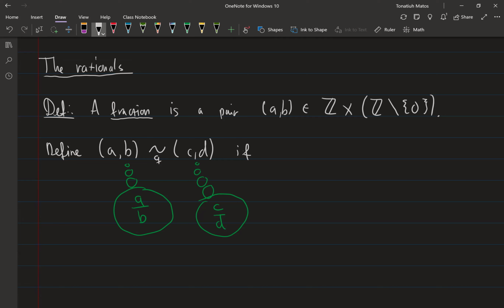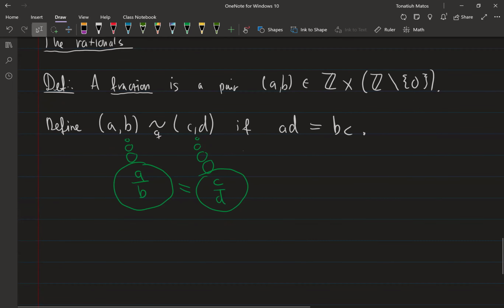Well, if I don't know anything about fractions, I can just multiply them out, right? The cross product, or whatever you call that in high school. So you have a times d equals b times c. That's one way of defining this. And this makes sense because, of course, I know how to multiply integers, and I am not referring to any sort of division here, right?